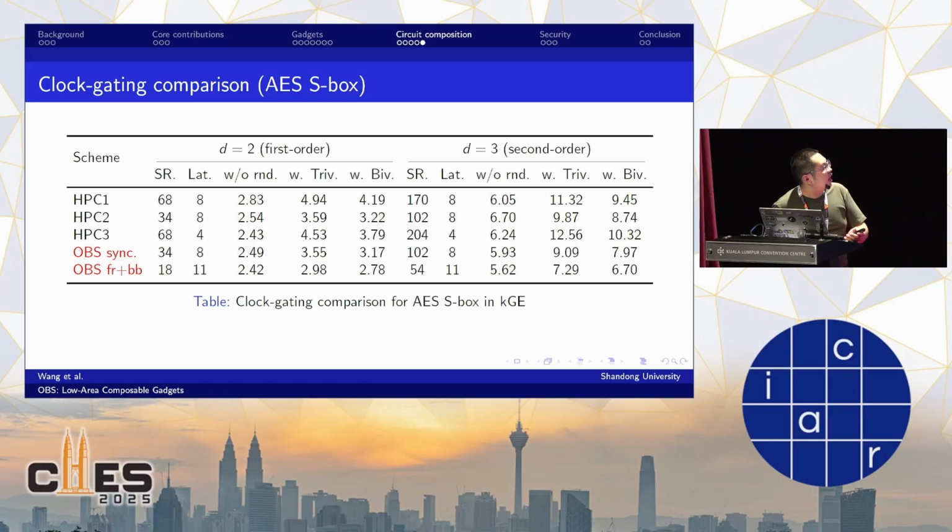After this technique, we achieved a better area due to the lower random source but with a larger latency.